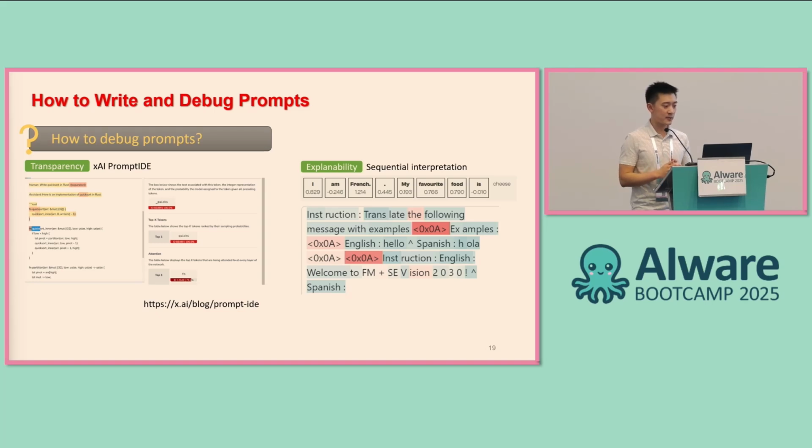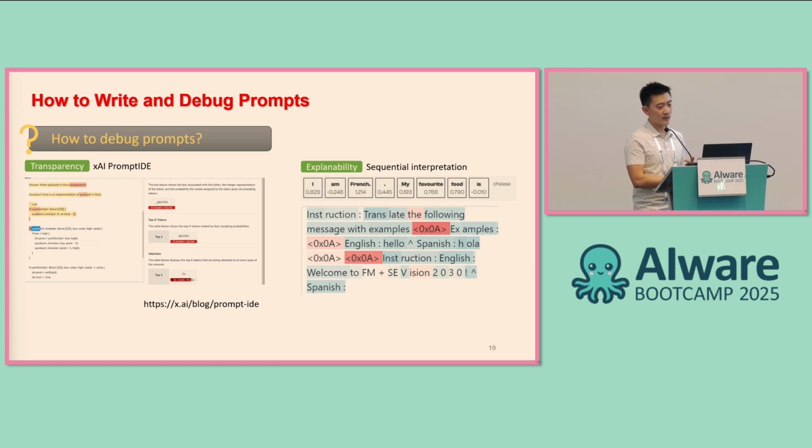For example, in XAI, they have this tool called Prompt ID, where they try to show you the inference parameters and status of the model, like the logits of the last layer of each token in the vocabulary, their sampling probability, all those things, so that you can get a general understanding of what the model is doing under the hood. However, this is so detailed that sometimes it's not really helpful for you to debug prompts at a higher level.